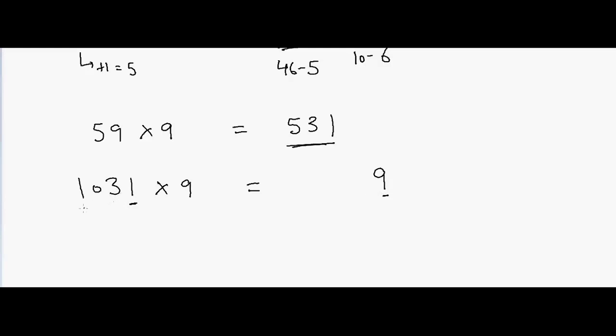Then I have 103, so 103 plus 1 is 104. And then I have to subtract 1031 minus 104. This could be a little tricky for some people, but if you look, it's not that hard. It's 927. So the answer will be 9279.